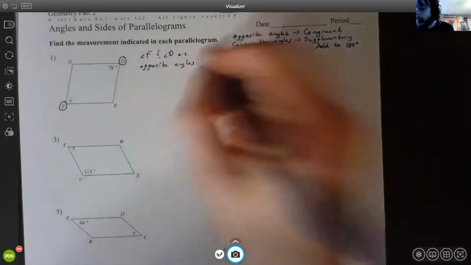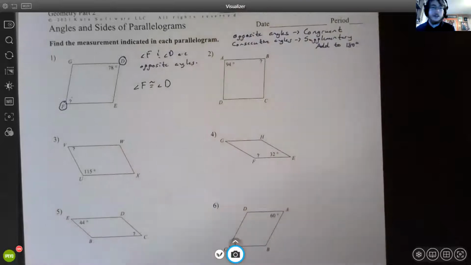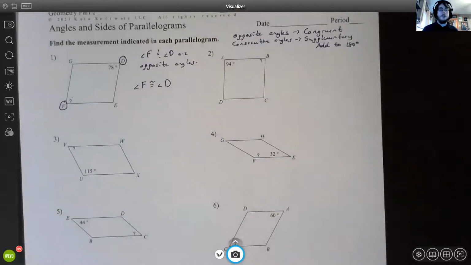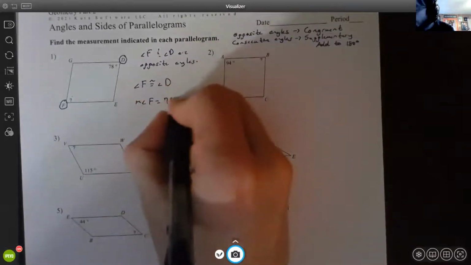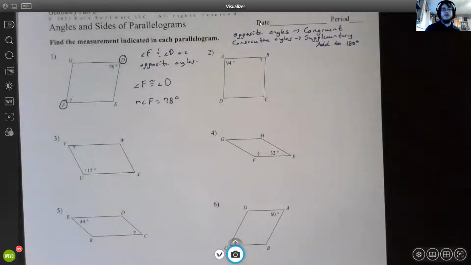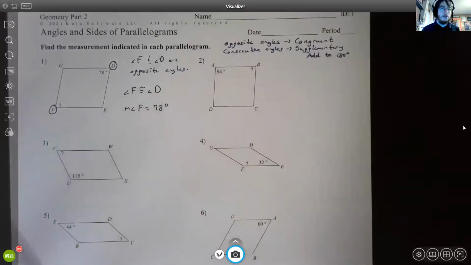So if they're opposite angles, that means angle F is congruent to angle D. And since angle F is congruent to angle D, that means that angle F would have to equal 78 degrees. So opposite angles are always congruent.